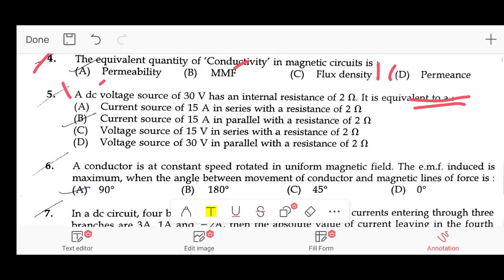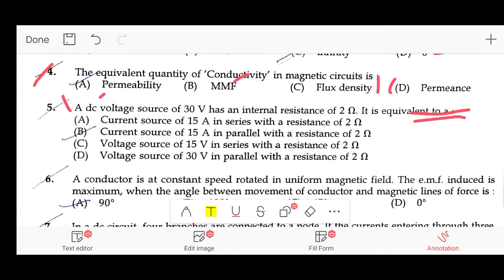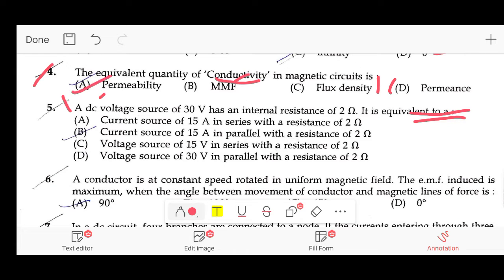Next, fourth question. The equivalent quantity of conductivity in a magnetic circuit is. Conductivity in a magnetic circuit is going to be permeability. If they are asking the inverse of conductivity, then the answer is going to be resistivity.